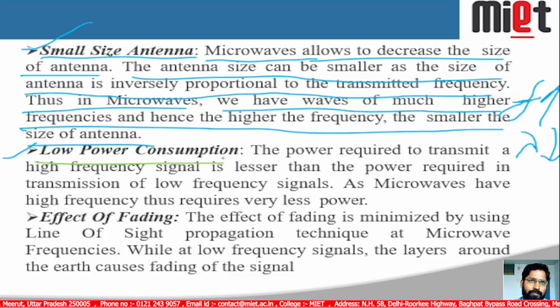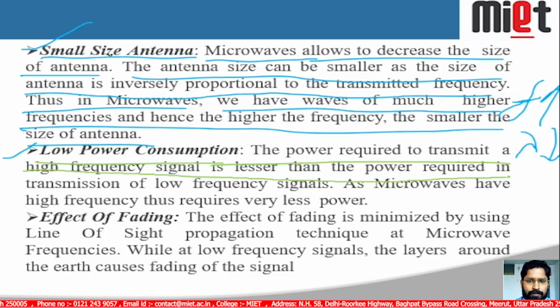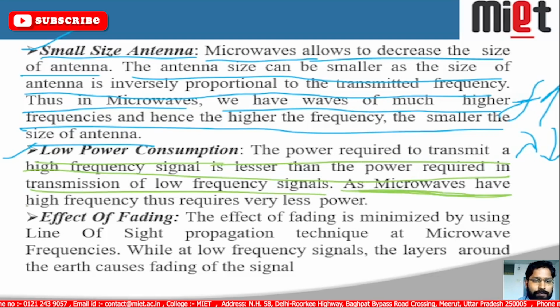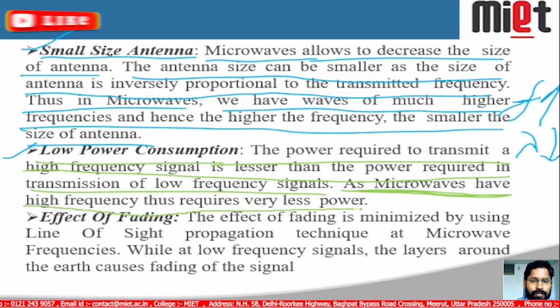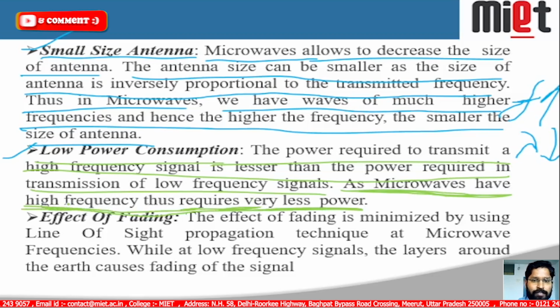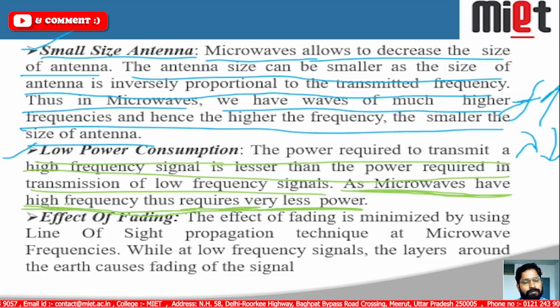If we transmit a higher frequency signal, then lower power is required. If we transmit a low frequency signal, then high power is required. As microwave has higher frequency, it requires less power.